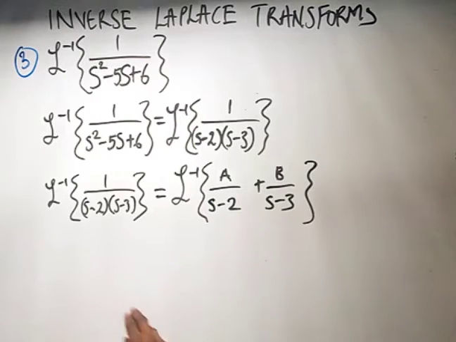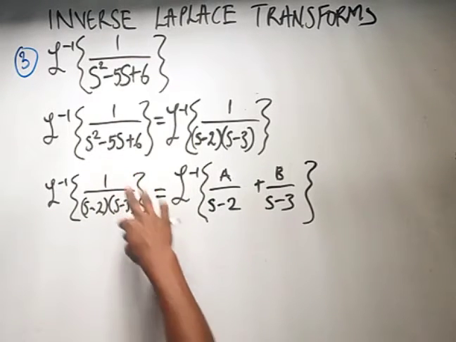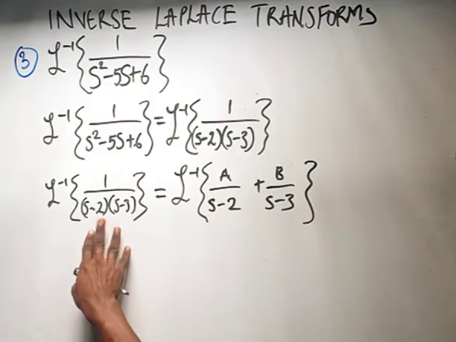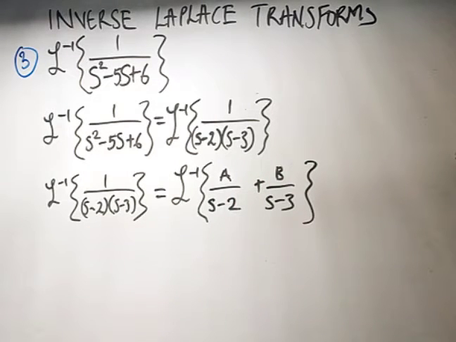So the Laplace inverse of this right here will be the Laplace inverse of this. In other words, this and this will be the same. You know, Laplace transforms help us to determine the uniqueness of a function. For example, no two functions have the same Laplace transforms.